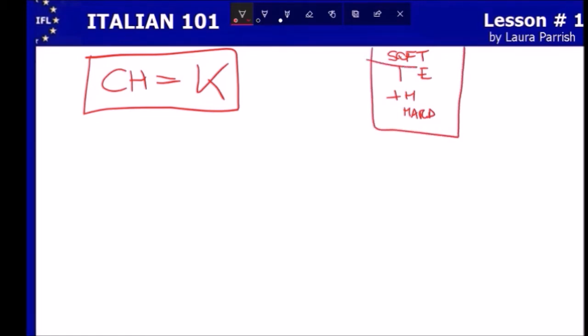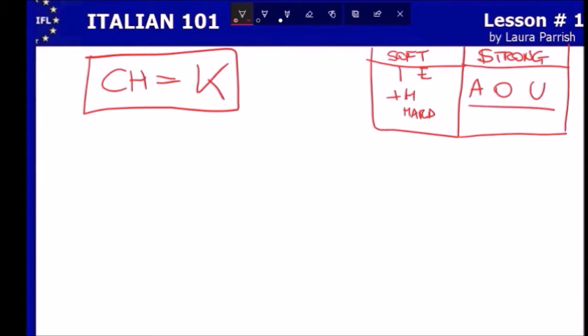The soft vowels E and I, if you add H, become hard. And then you have the other strong vowels, A, O, U. Those are already strong. Instead, those ones, E and I, are soft. If you want to make the sounds strong, you have to add an H. This is the basic. Now with some exercise it will be clearer, I promise.